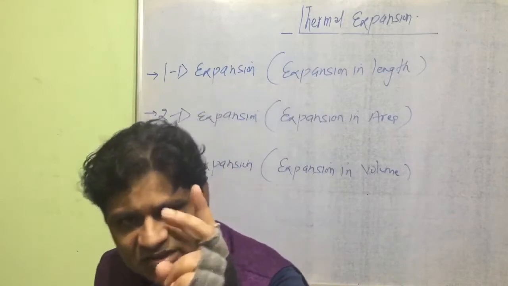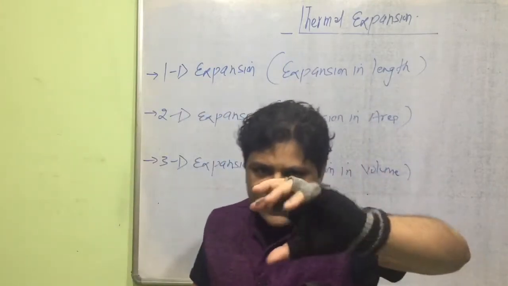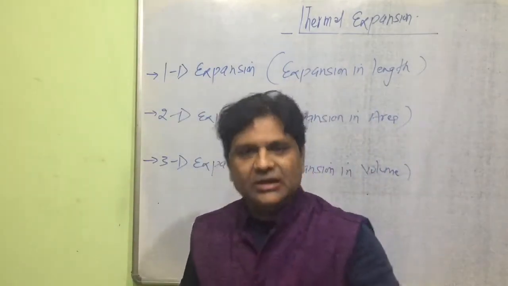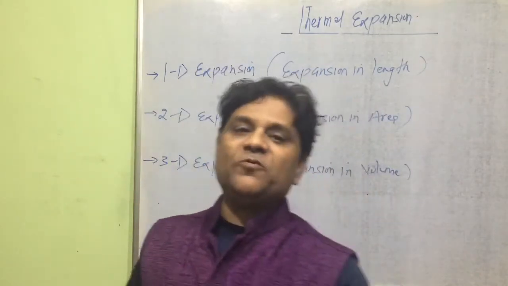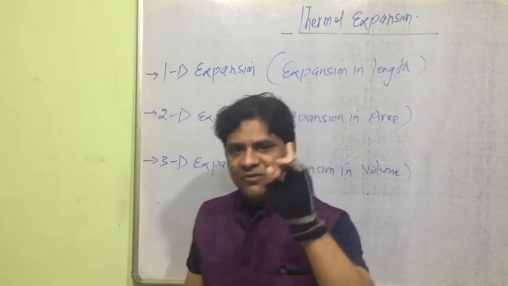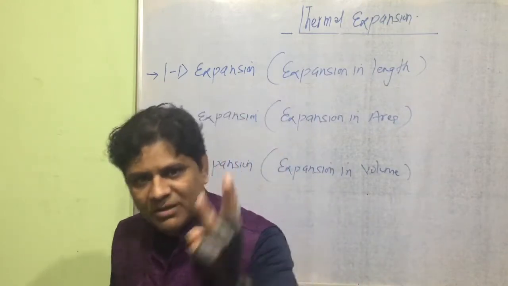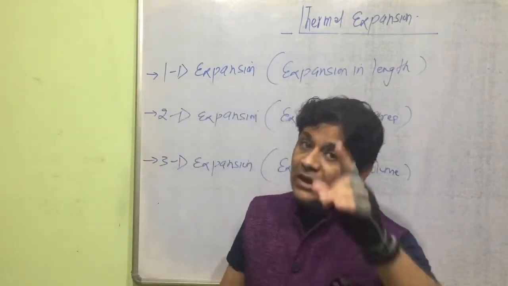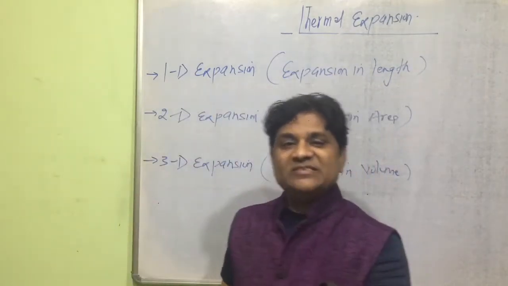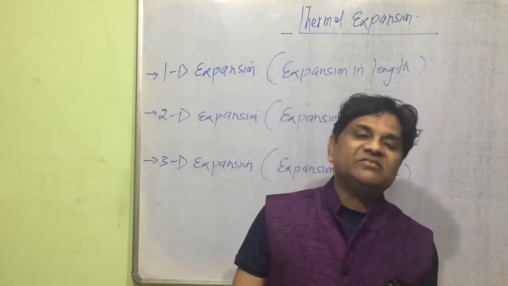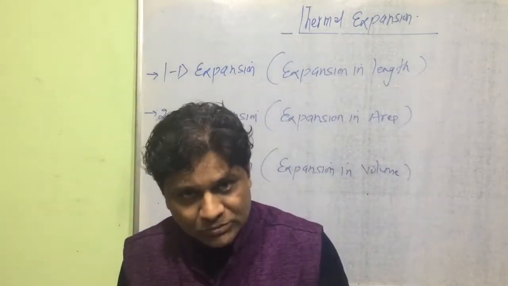Expansion in area is two dimensional. And expansion in volume is three dimensional. So there are three types of expansion possible: one dimensional in length, two dimensional in area, and three dimensional in volume.